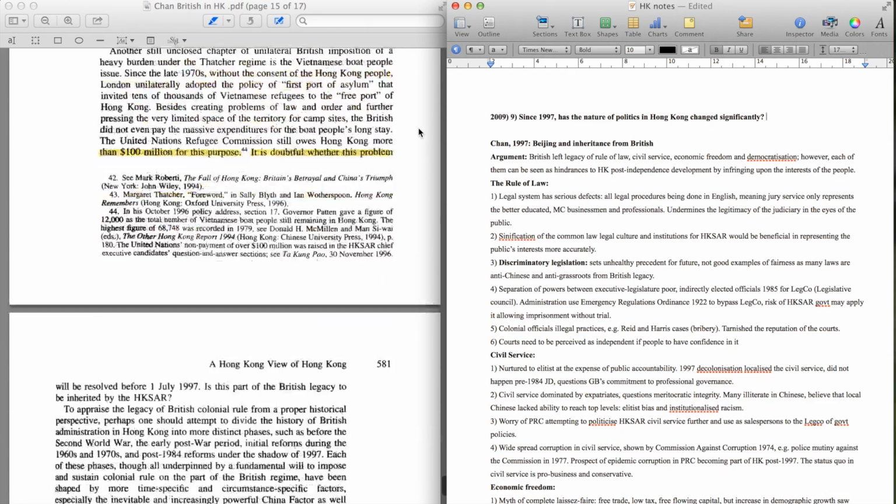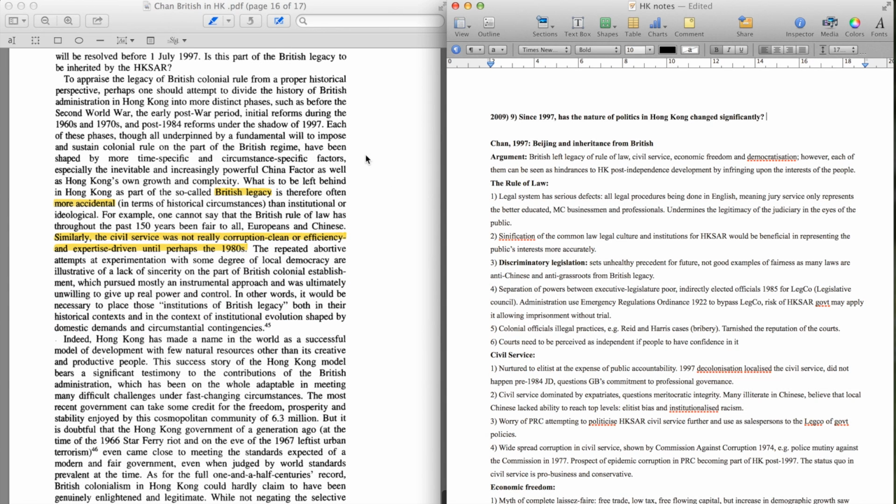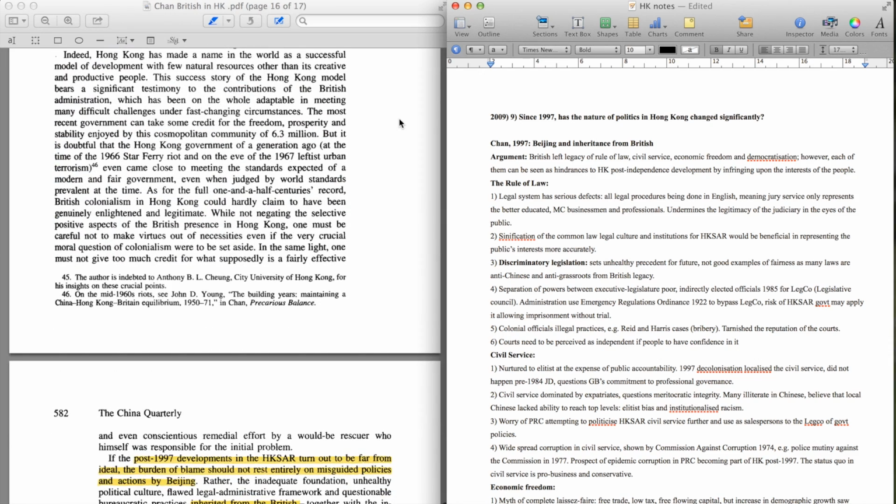And also, if you scroll down to other bits that I've highlighted, you'll find, say, the civil service was not very clean and efficient and expertise-driven until perhaps the 1980s, which shows that the nature of politics in Hong Kong was still laced with these relics from the colonial period, and China had to deal with this.